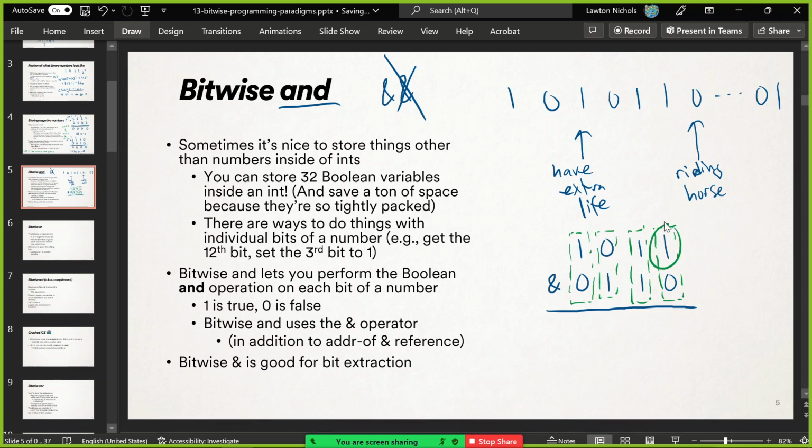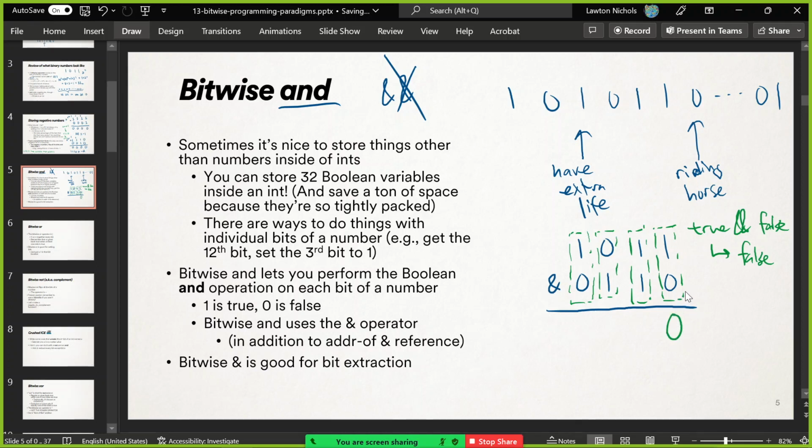So 1 is true and 0 is false, and then it does logical AND on each bit. What's the result of this? Well, the 1 is true, and it's logically ANDing it with the 0, which is false. What's true ANDed with false? That's just false, so the answer in that bit is going to be 0.